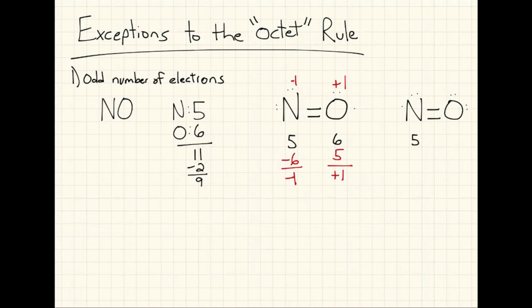Again, nitrogen and oxygen had 5 and 6 valence electrons respectively, and in the current structure, nitrogen owns 1, 2, 3, 4, 5. Look at that. So it had 5 valence, it currently owns 5, its formal charge is 0. Likewise, for oxygen, it had 6 valence electrons, 1, 2, 3, 4, 5, 6.